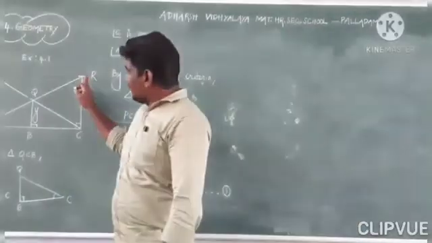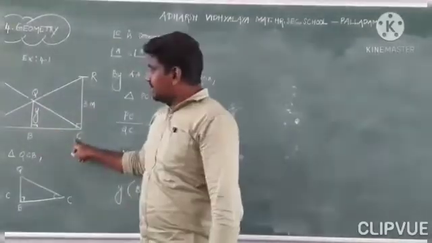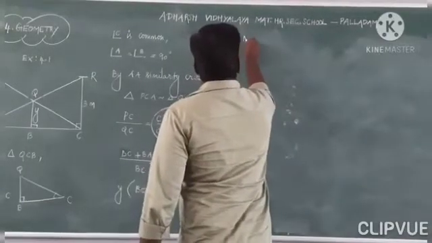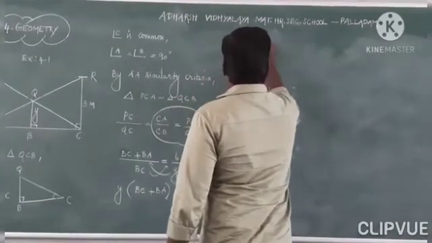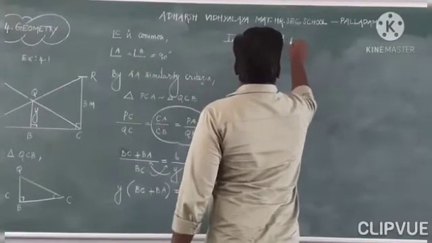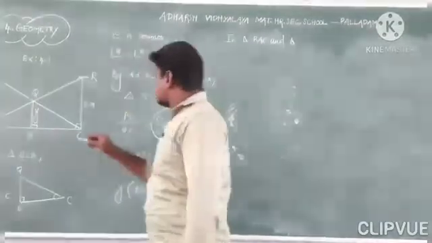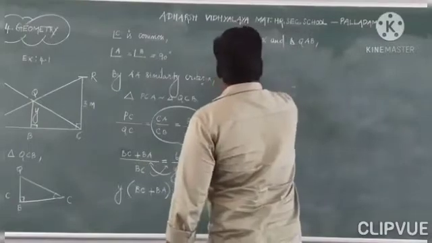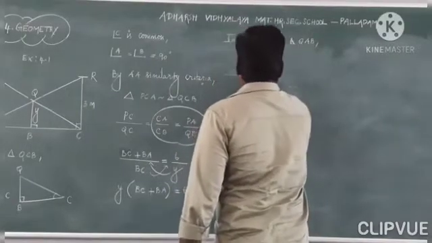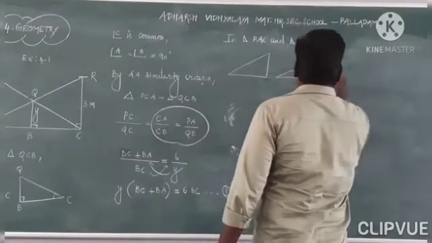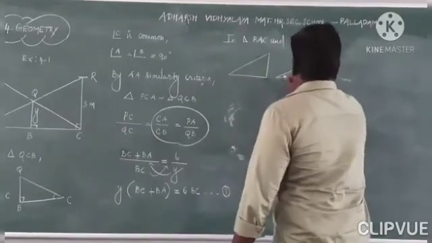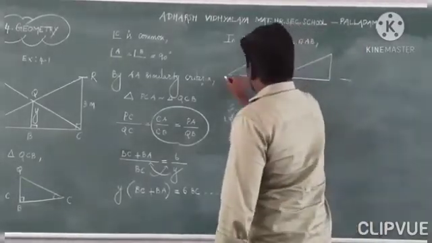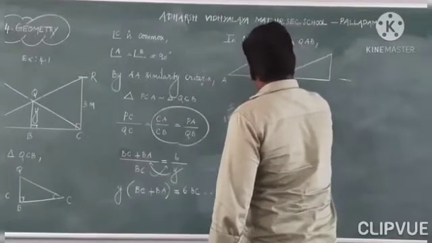Next, in triangle RAC and right triangle QAB, we can draw the two triangles. First one RAC, where C is 90 degrees.